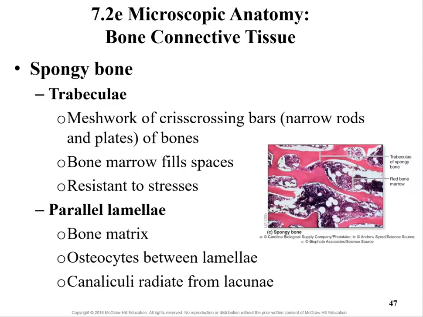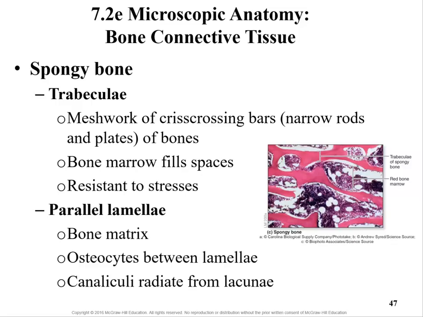Next, you have spongy bone. Spongy bone has trabeculae, which is a meshwork of crisscrossing bars of bones. You have bone marrow that fills the empty spaces of the spongy bone, and spongy bone is resistant to stresses. You have parallel lamellae in spongy bone instead of concentric lamellae.